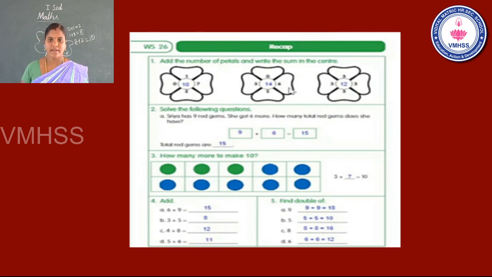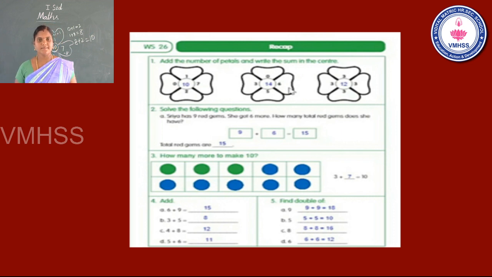First, write the number 9 plus 6. 9 plus 6 gives us, what is the answer? 9, 10, 11, 12, 13, 14 and 15. The answer is 15. Total red gems are 15.